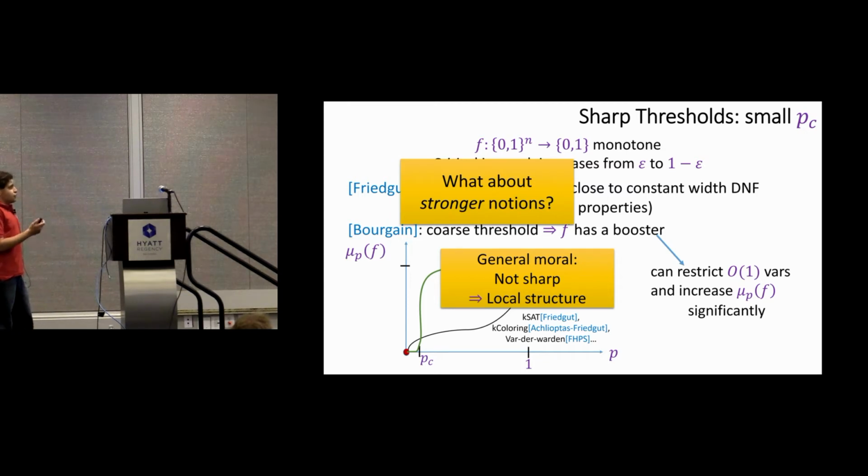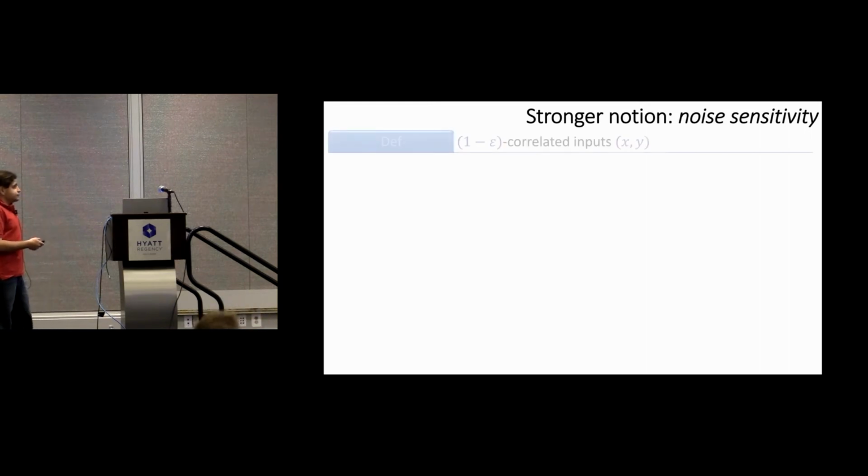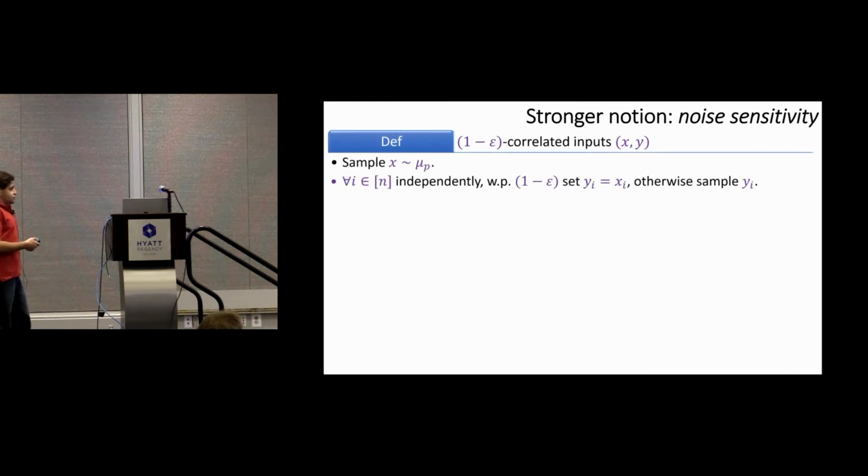This talk is not about sharp threshold, it's about something related, but a stronger notion that we call noise sensitivity. So let's talk about that. Here's the definition. I want to define a distribution over inputs that are very correlated.